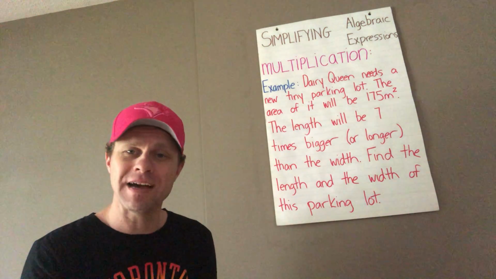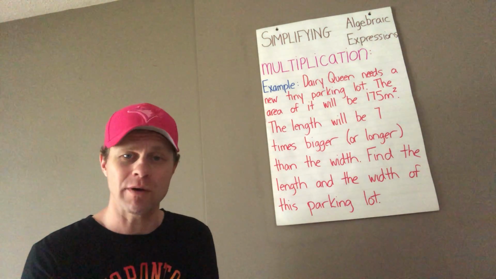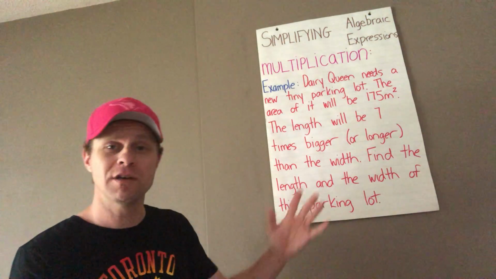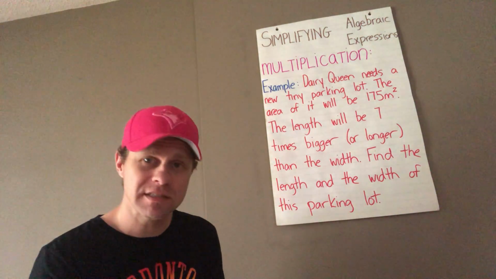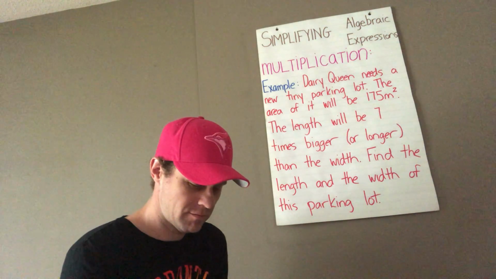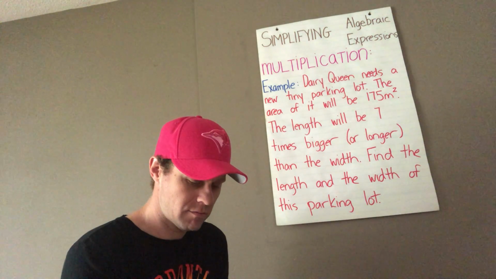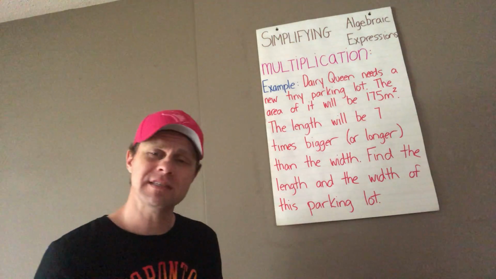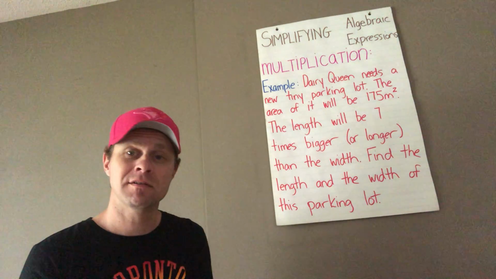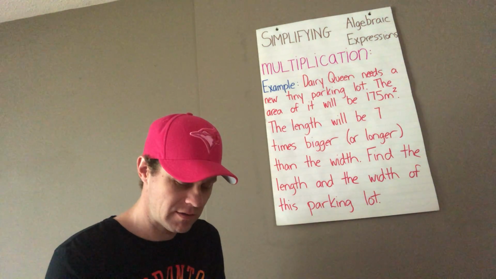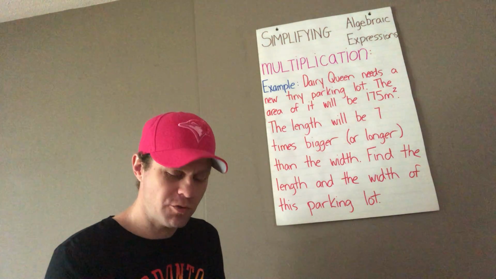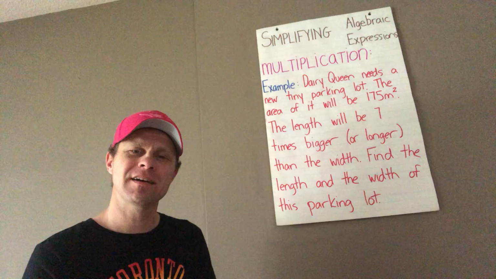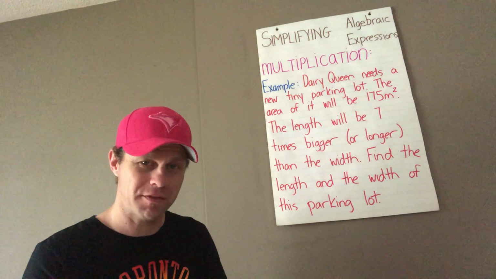But we don't want to find the area because we already know it. If you look at our question, what's the area? 175. 175 what? Good, meters squared. Do we know anything about the length or the width yet?